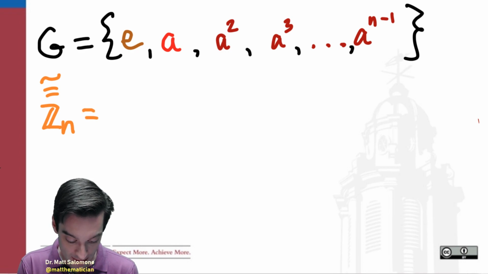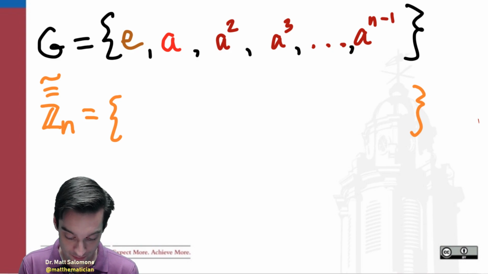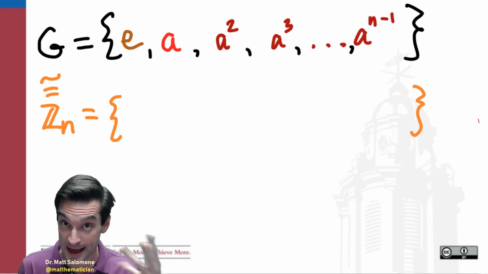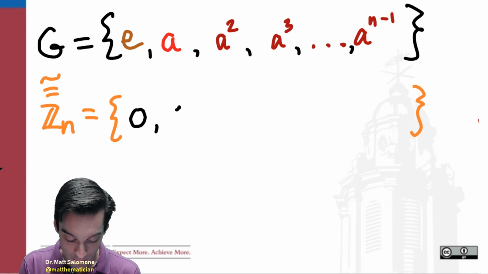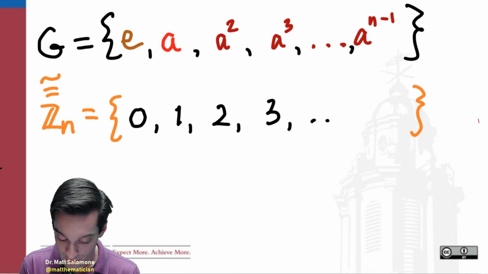Well, let's take a moment and list out what are the elements in the additive group of integers mod n. The integers have these familiar names to us, right? The residue classes of integers mod n we typically name by their least non-negative member. So 0 is one example, 1 is an example, 2 is an example, 3 is an example, and so on and so forth.